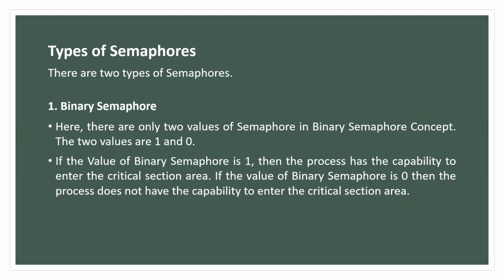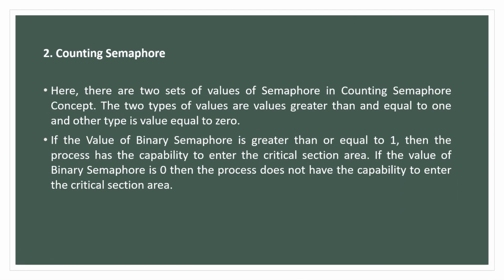Types of semaphores: the first is binary, and the second is counting semaphores. Binary means 0 or 1, binary values present in the semaphore.